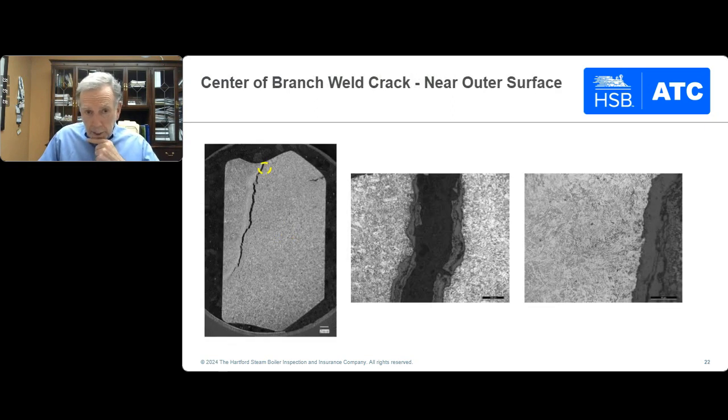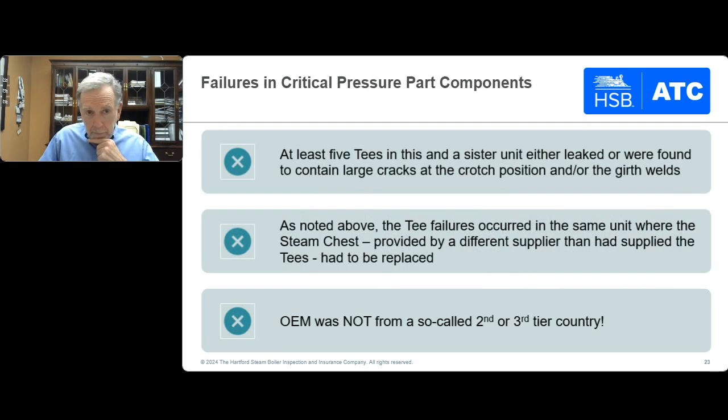So with that explanation, this is just a little bit more information about the T failures. The one thing to point out here, with the kind of issues that we saw with these Ts, wrong chemistry in some cases but not all cases, and some of the design deficiencies that Jay will explain, I wanted to emphasize the fact that these were not supplied by one of the OEMs at the so-called second or third tier suppliers.